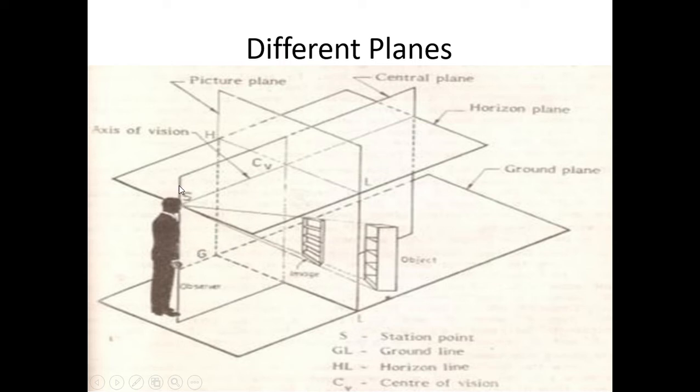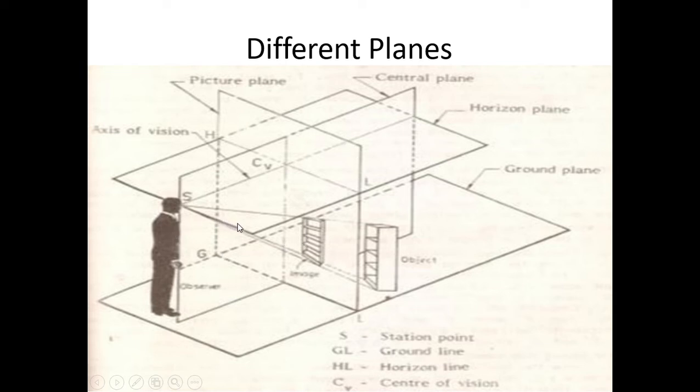Another plane you can assume is a plane which is perpendicular to this horizon plane from the observer's eye till the horizon. That is called the center plane. And then you have a picture plane. The picture plane is the plane where you are getting the image of the object.